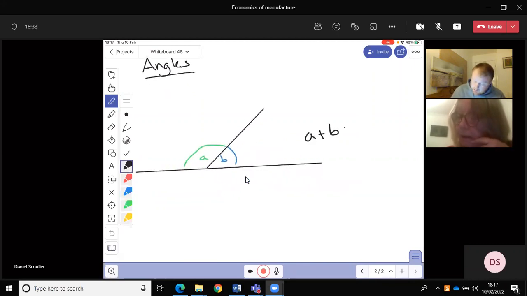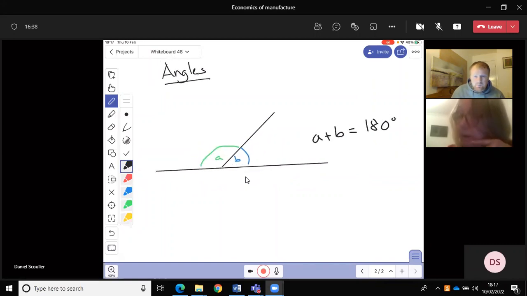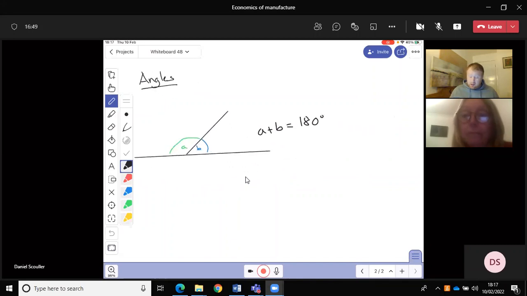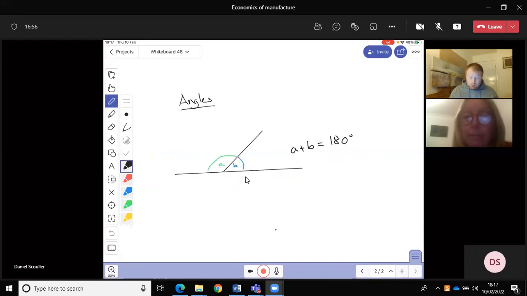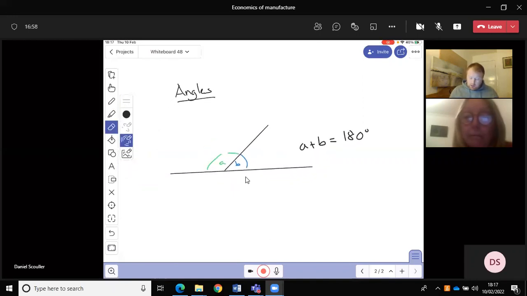A plus B is going to equal 180 degrees. So if we've got a horizontal or a vertical line and an angle coming off it, they're going to add up to 180 degrees. Now, we can have as many angles as we want coming off that horizontal line, so let's say we have another angle like that.